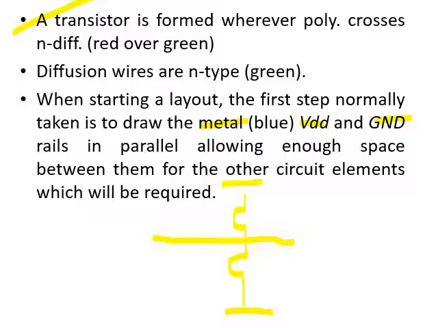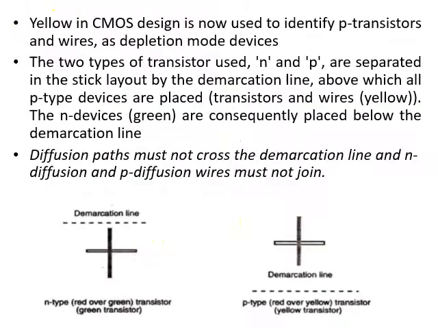So first we'll be drawing the blue color VDD and ground, and between these VDD and ground there will be enough space to draw the actual circuit or the layout, allowing enough space between them for other circuit elements which will be required.